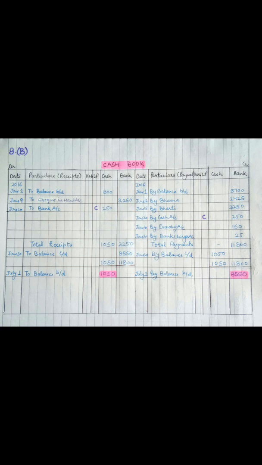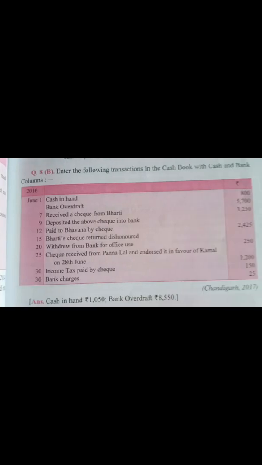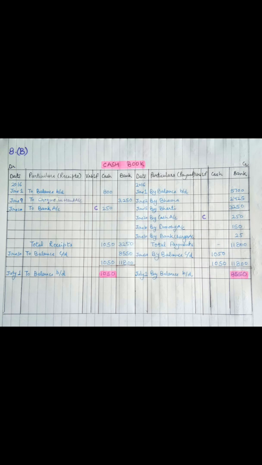The next entry is on 1st June only, the bank overdraft. Bank overdraft is given here, amount is 5700. So bank overdraft entry has to be done on the credit side on 1st June only by balance brought down, and we have to write the amount in bank column.